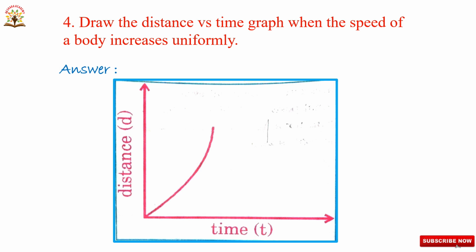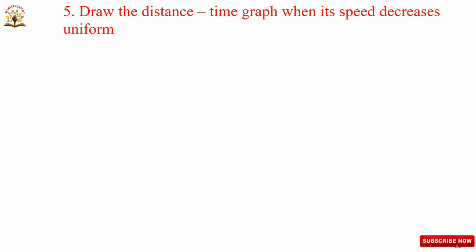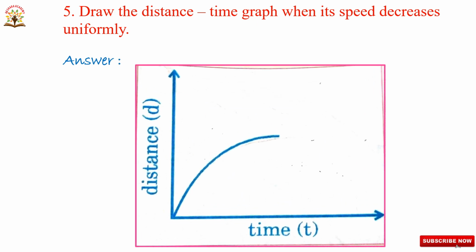Okay, next, draw the distance time graph when its speed decreases uniformly. Now let us see this graph. This is the graph between distance and time when the speed decreases with time.